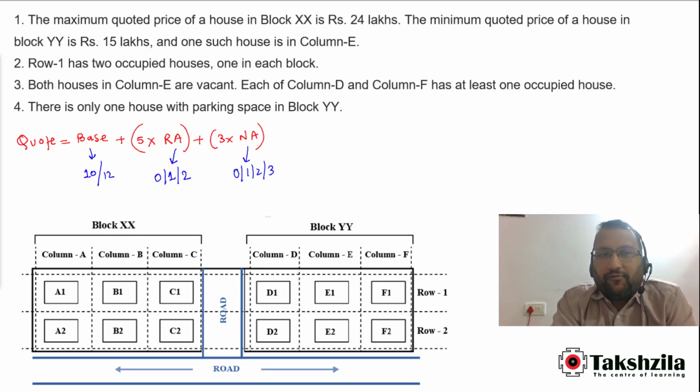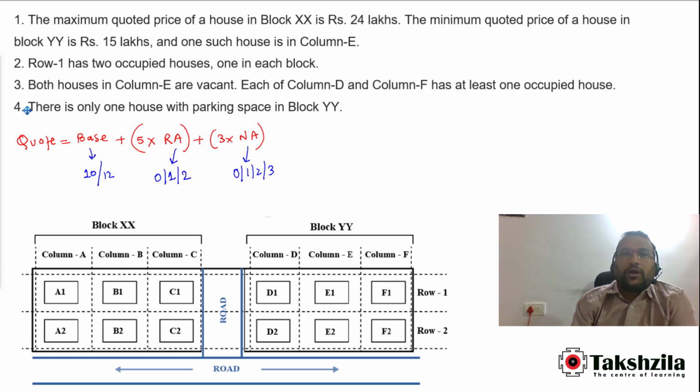After this, there are 4 additional statements given. The first statement is the maximum quoted price of a house in block XX is 24 lakhs. The minimum quoted price of a house in block YY is 15 lakhs, and one such house is in column E. So first of all, let's understand statement number 1.